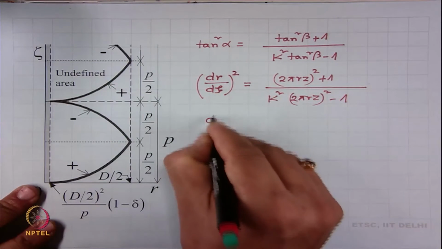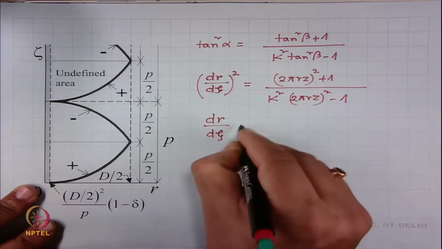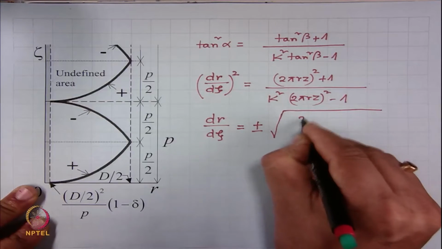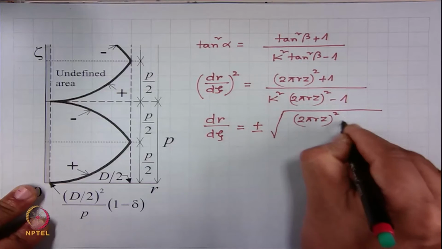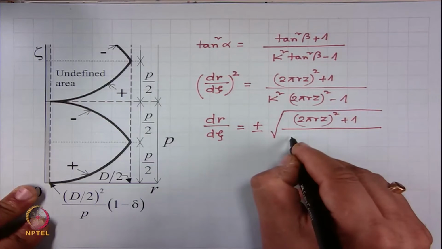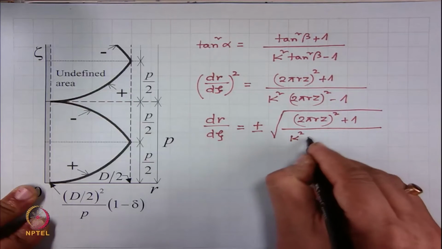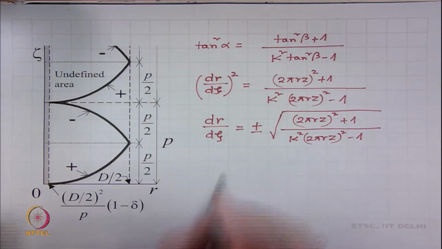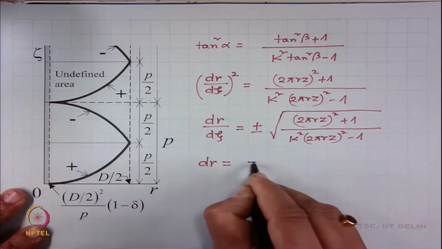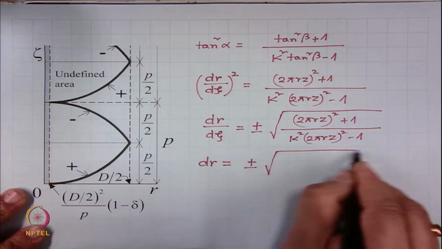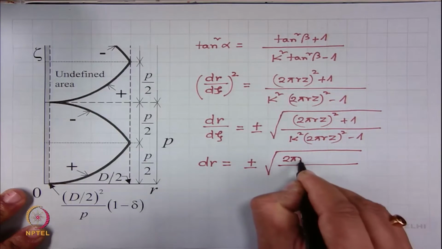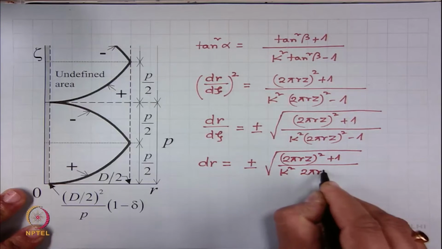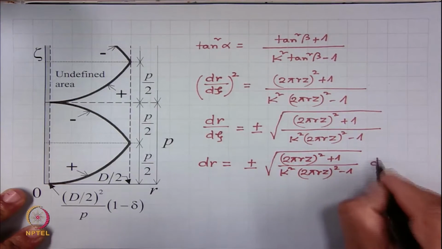So, dr by d zeta is plus minus square root, so dr is equal to plus minus square root of 2 pi r z square plus 1 over k square 2 pi r z square minus 1, into d zeta.